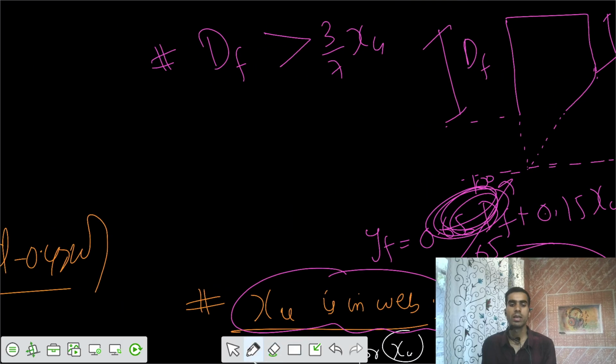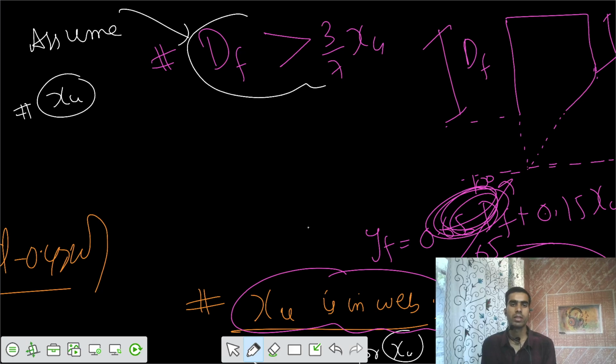So let's solve C equals to T for the third case. Now the third case is that to get the location of xu, I am assuming that Df is greater than 3 by 7 of xu.